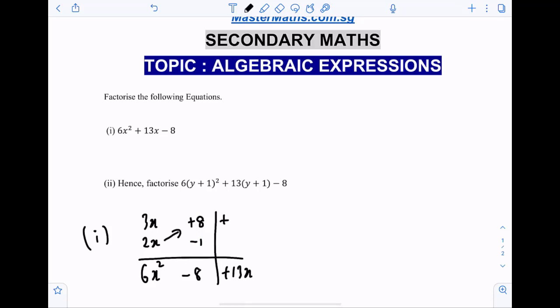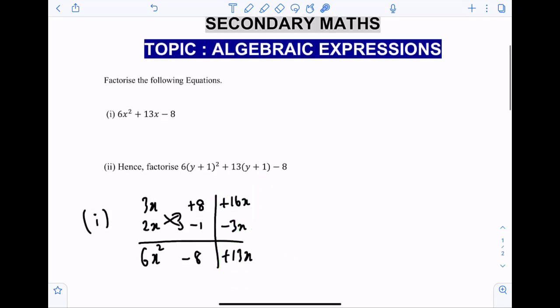Cross multiply this. 2x times 8 is a positive 16x. 3x times negative 1 is a negative 3x. So for the winning combination, when you add these two numbers up, you have to get this positive 13x here, which indeed in this case 16 plus negative 3 is positive 13x. Alright, so this is a winning combination.